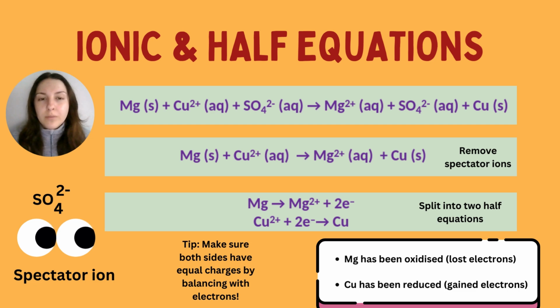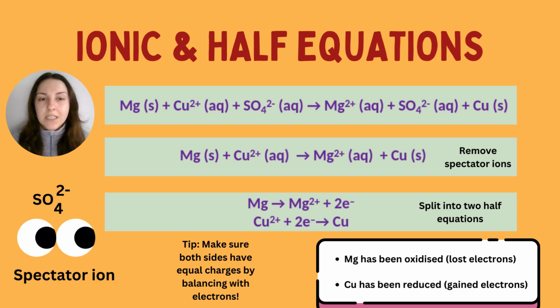So we have copper 2+ goes to make copper as an atom itself. It's no longer got a charge. That tells you that because it's gained those 2 electrons, it doesn't have the 2+ charge anymore. Now I've put some electrons into each half equation to balance those charges out, so the overall charge is equal on each side of the arrow, and we'll do some more practice of this as well.